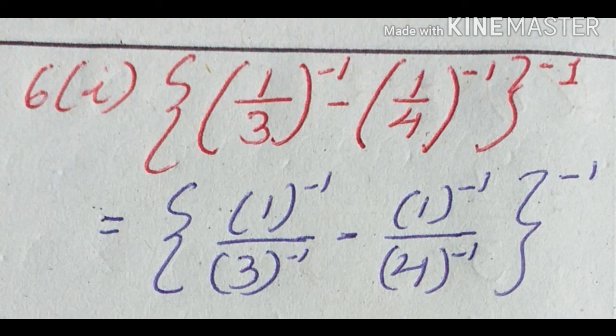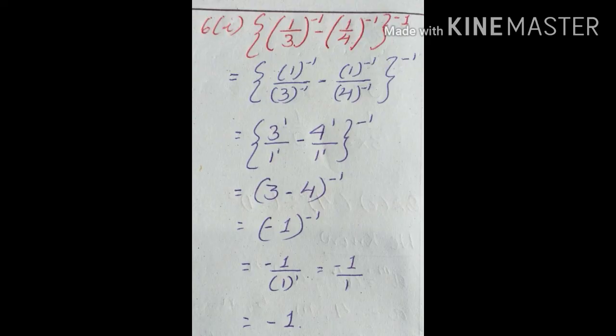Now in the second stage, the 3 has a minus power, so we have to take it up and the 1 goes down; similarly the 4 goes up and the 1 goes down. Like this: 3 to the power 1 by 1 to the power 1, minus 4 to the power 1 by 1 to the power 1, whole power minus 1, as in the question. Equals 3 by 1, which is 3, and 4 by 1 means 4. 3 minus 4 will be minus 1. 4 is greater, so the sign is minus.